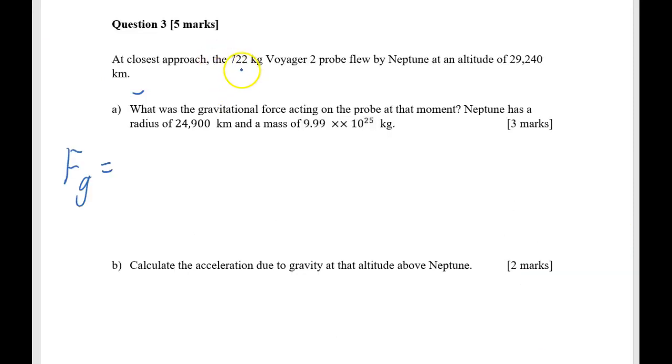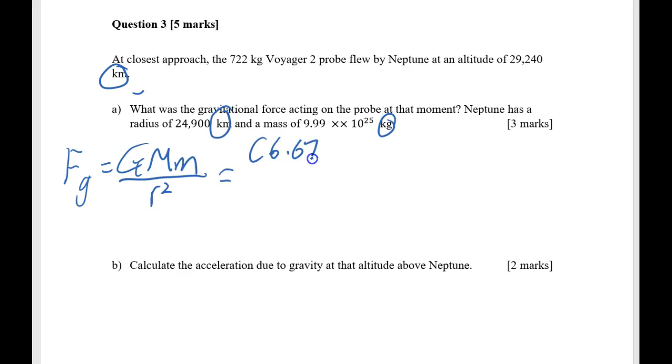At closest approach, the 722 kg Voyager 2 probe flew past Neptune at altitude 29,240 km. What was the gravitational force acting on the probe at that moment? Neptune has a radius of 24,900 km, mass of 9.9 times 10 to the power 25 kg. For this, you can use the gravity formula, GMm over r squared.